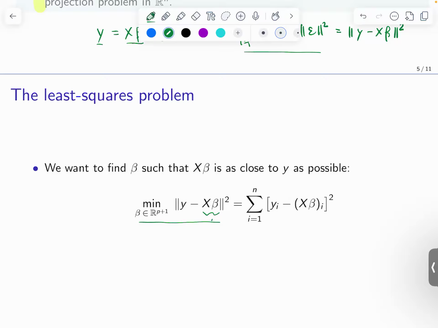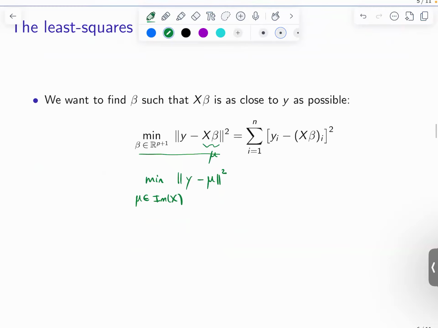I'm going to call this mu, a new variable, and this optimization would be equivalent to minimizing over mu, but now restricted to the image of x. So this is the key insight, a geometric insight or change of variable. These are equivalent.